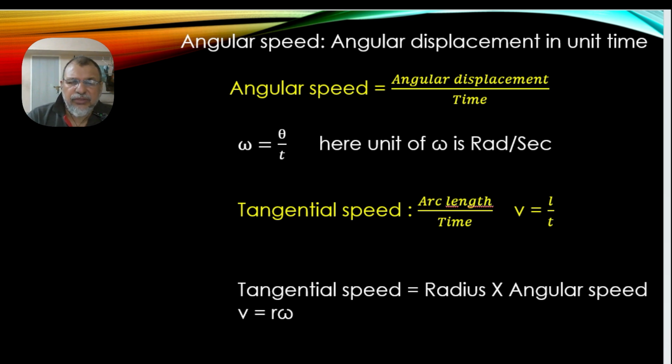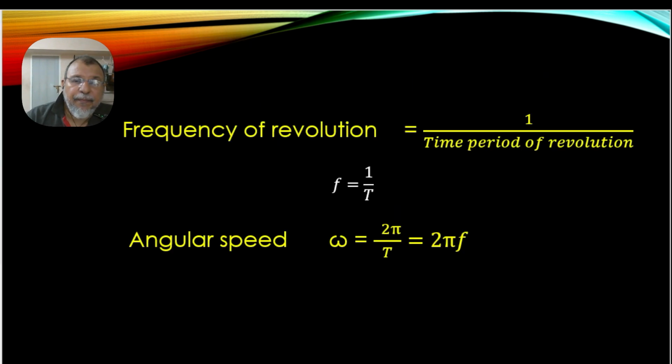But in uniform circular motion, you may write v is equal to L over t. Then, how are tangential speed and angular speed connected? Now, we can get the equation. Tangential speed is equal to radius times angular speed, or you can write v is equal to R omega.